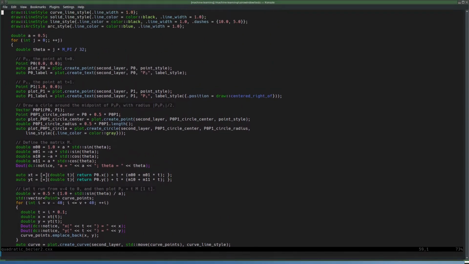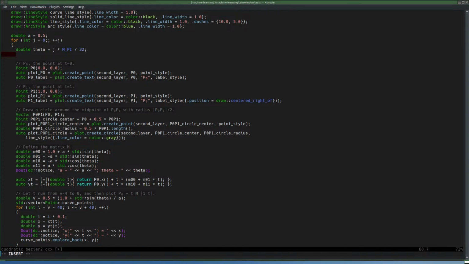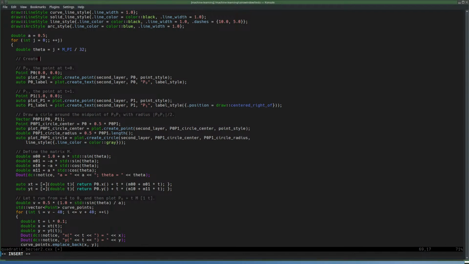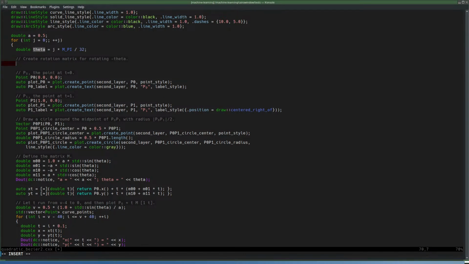But then again, I'm going to say theta clockwise or just minus theta. So yeah, let's add a matrix, because otherwise I'm going to get knots.